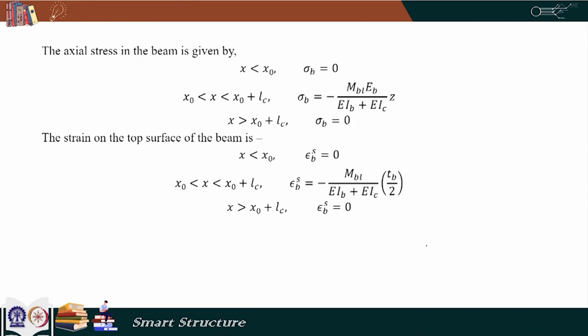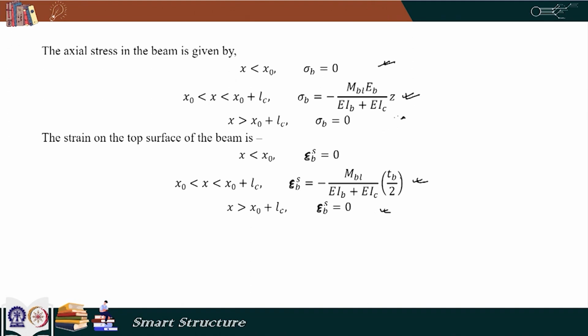Okay. Now, here the axial stresses are calculated in the same way. So, in the first part of the beam where the actuator is not here, stress is 0. In the mid part, under the actuator part, there is some stress, and after that again the stress is 0, and similarly the strain is also 0 at the first part without the actuator, and then there is some strain, and then at the other part which is free from the actuator, again the strain is 0.